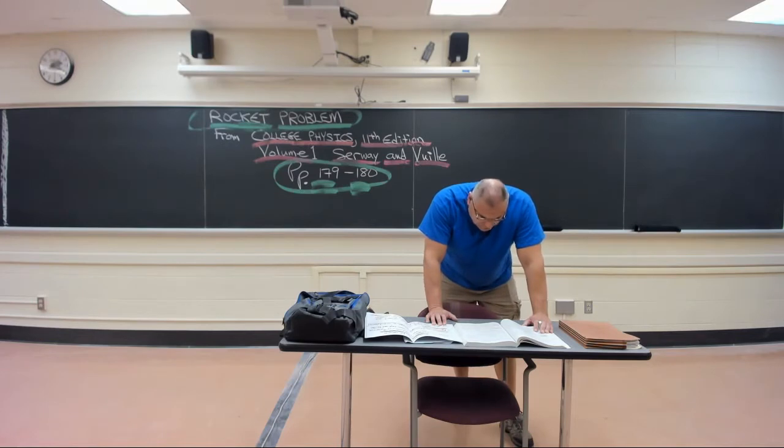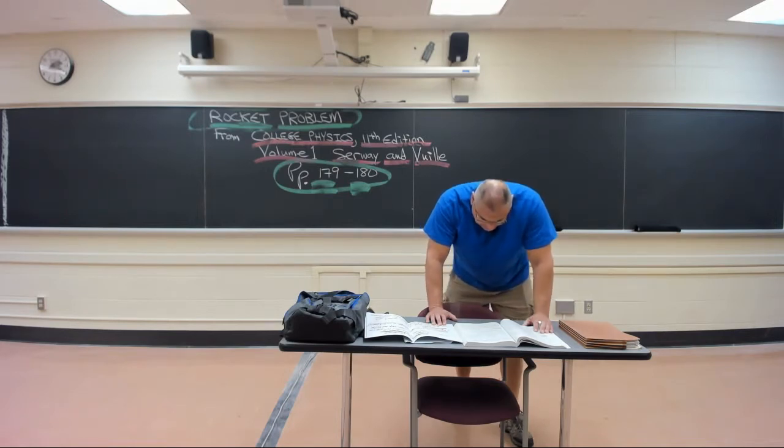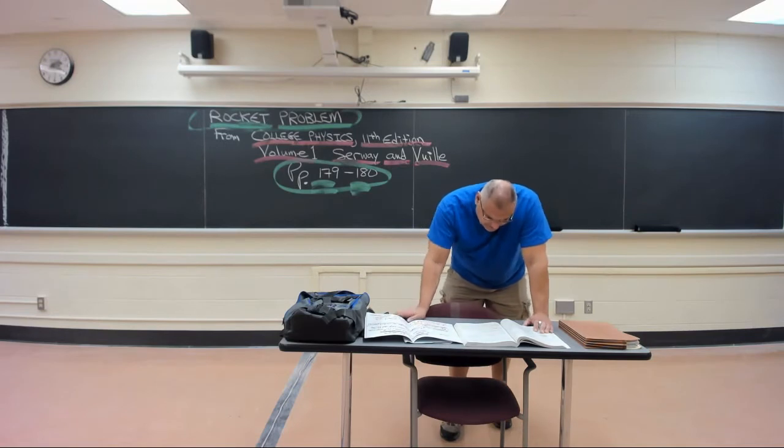The rocket blasts off from Earth and exhausts all its fuel in 4 minutes, burning the fuel at a steady rate with an exhaust velocity, v_E, of 4.50 times 10 to the 3rd meters per second.